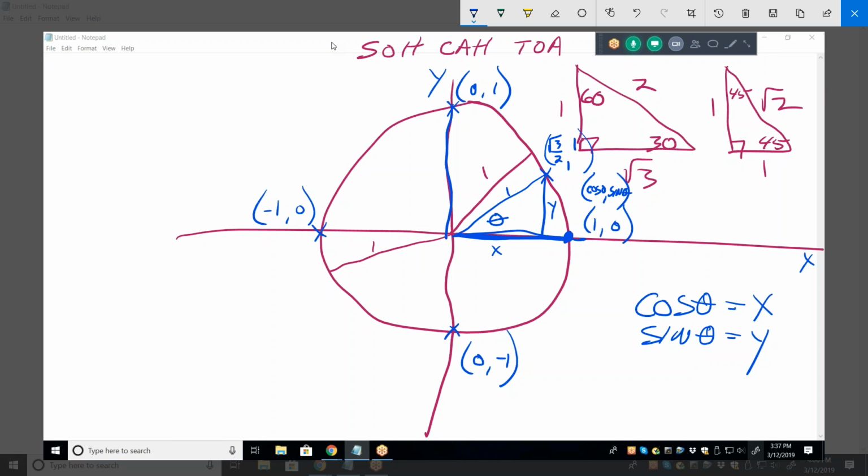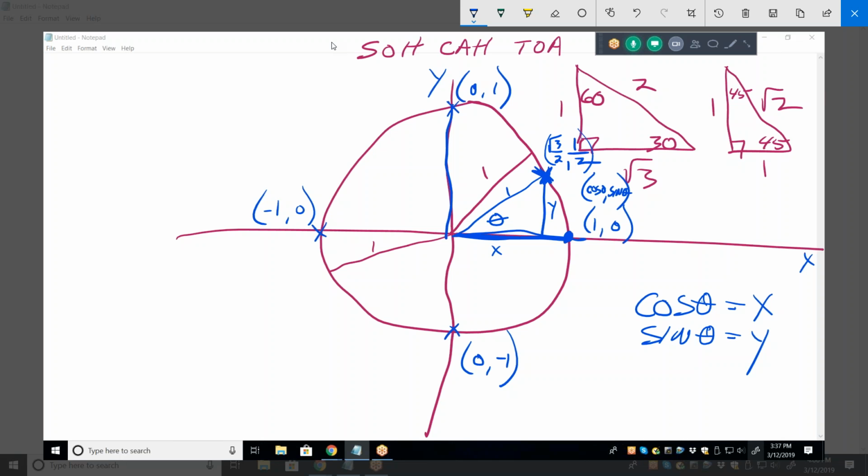Okay, those are going to be very common numbers. Root 3 over 2 and 1/2. Because it's the sine and cosine of 30 degrees. So if I wanted to know the coordinates of that point, I know it's the cosine of the angle, comma, the sine of the angle, no matter where I'm at.